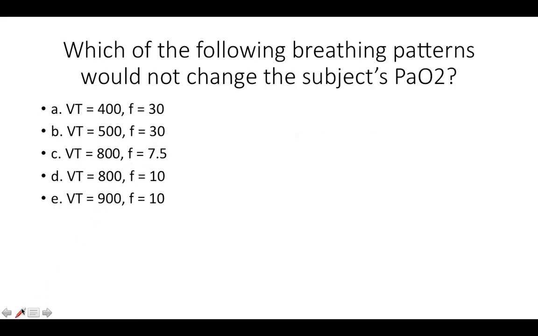So 400 milliliters per breath. And if you subtract that by the dead space that we had up above, which was 0.2 liters or 200 milliliters, that'll give us 200 milliliters of the alveolar ventilation. So I'm just going to put AV for alveolar ventilation.